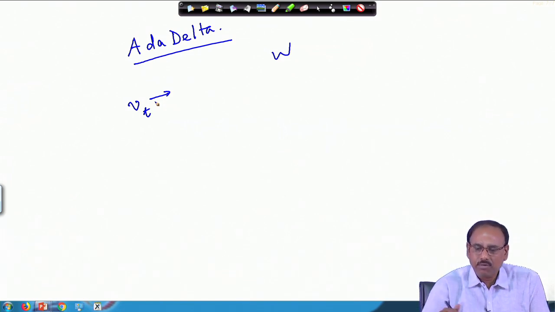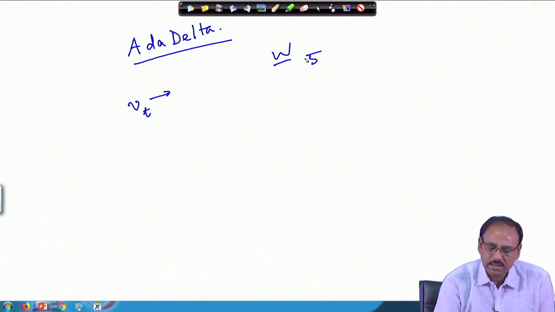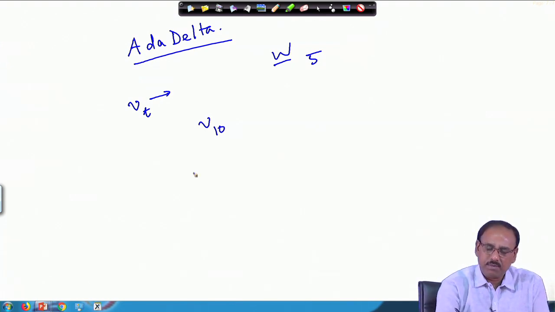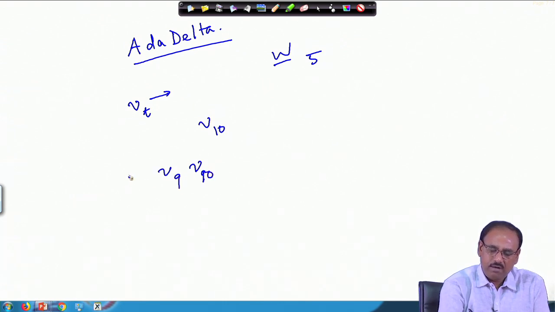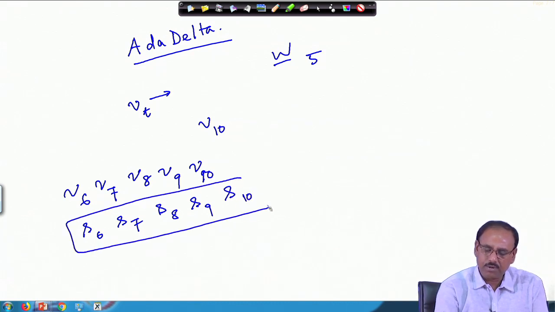So, if I take say window size W is equal to 5, in order to compute say V10, it will take the past 5 samples, that is S6, S7, S8, S9 and S10. So, the average will be computed over this window.